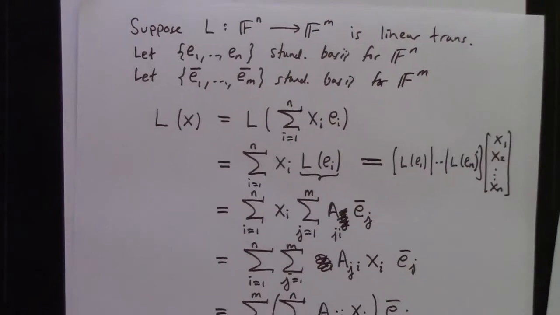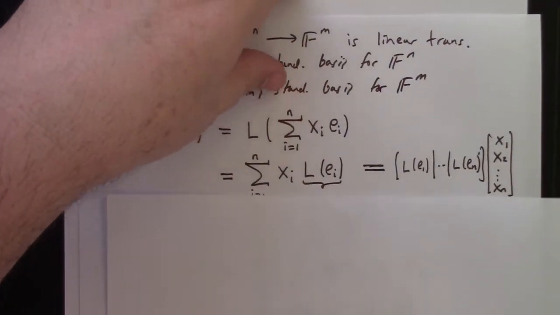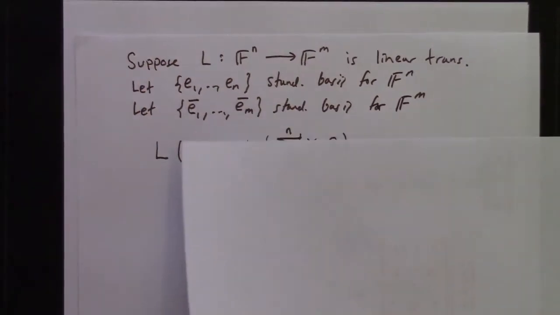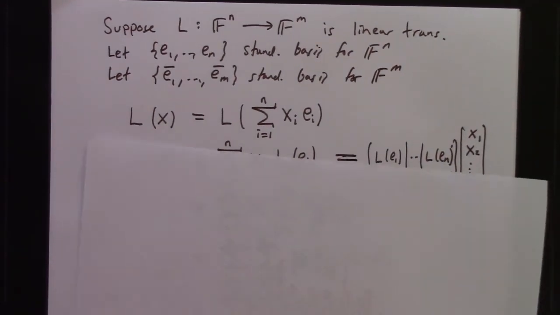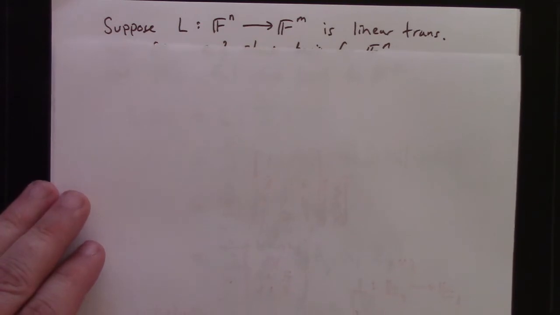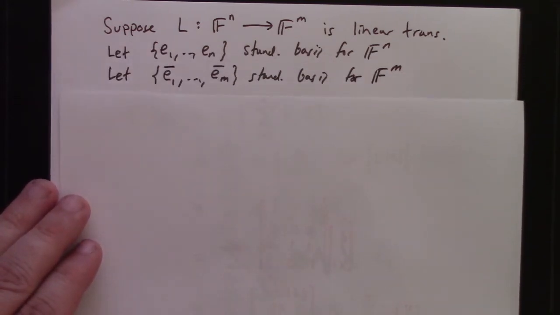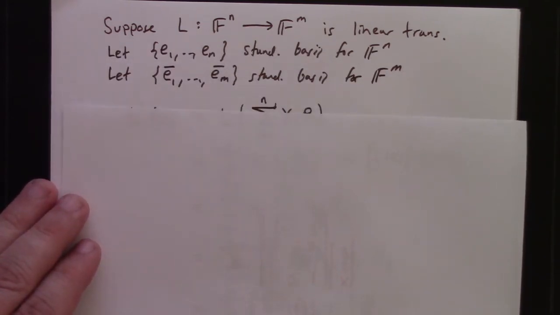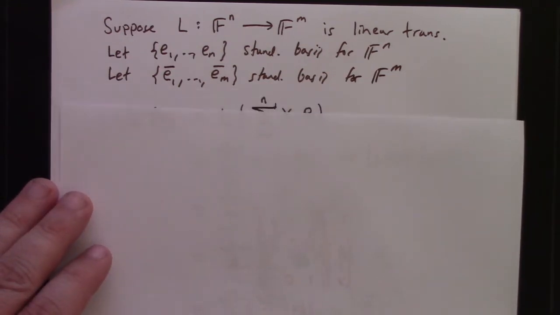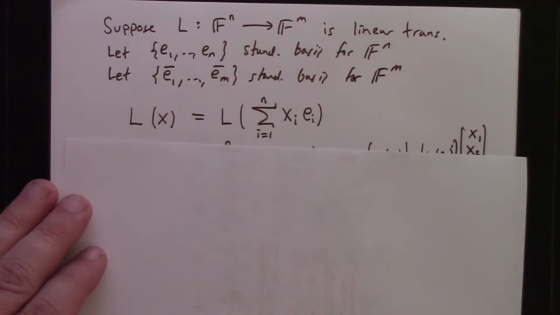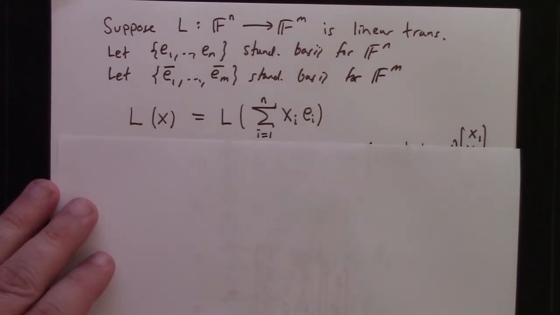Now, I could show you a short derivation of where that matrix came from. It wouldn't be hard. If we have L a linear transformation, the standard basis, and the E-bar standard basis for the range, well, actually I didn't really need the range basis here just yet. So let me not get into it today. Well, not yet anyway.